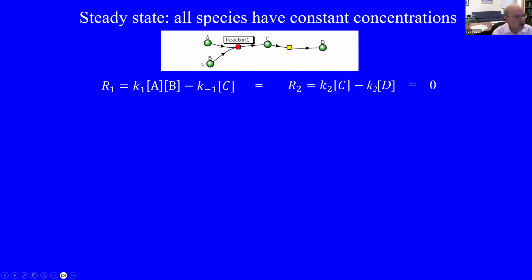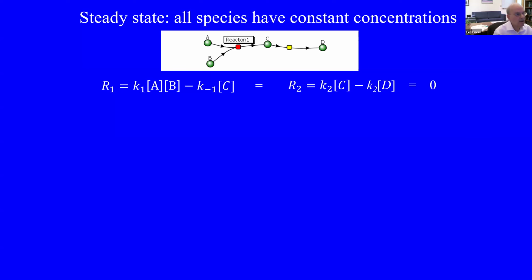And if you start off the system with both A and B, and they combine and start producing C and D, there's going to be a series of curves that you can look at for the change in the concentration of A, the change in the concentration of B, and C and D, etc. A and B will start going down if you start with them, and C and D will start coming up.